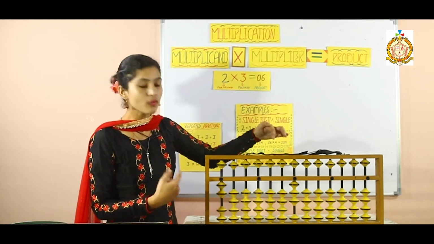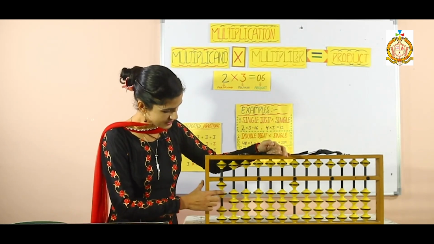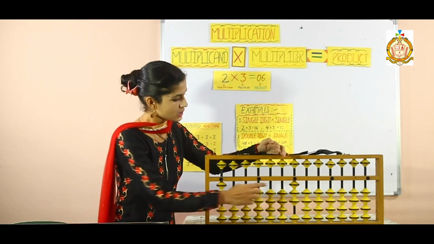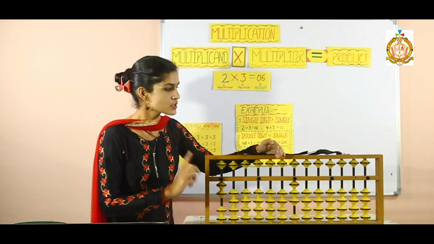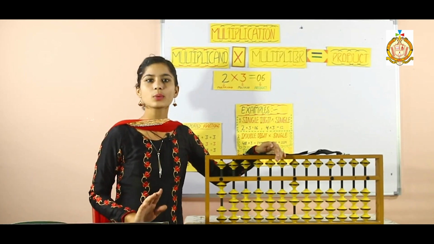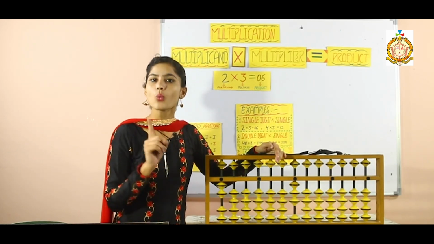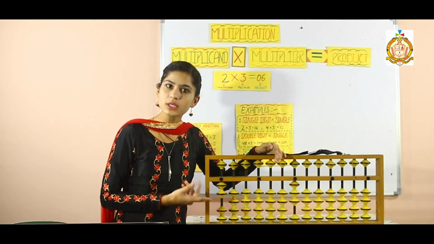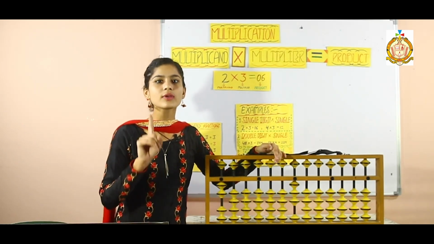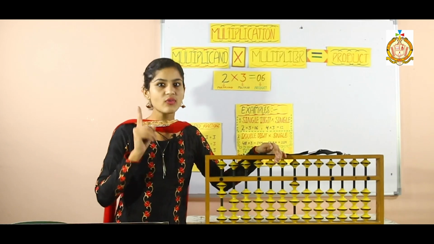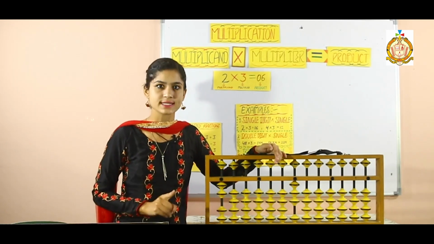Now we want the product. How will we find the product? We multiply the multiplicand into the multiplier. For this you have to learn tables. For the product I want to clear one thing: the multiplicand is having 1 digit, so our answer will come in 2 digits. 2 into 3 is 6, which is 1 digit, but we will keep 0 in front of 6.